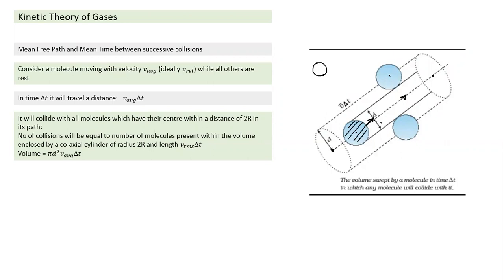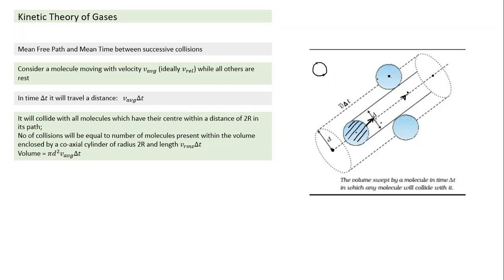All other molecules which have their center at a distance of 2r or less, all molecules which lie within a distance of 2r from the line of motion, will collide. Anything more than 2r will not collide. So it will collide with all molecules which have their center within a distance of 2r.